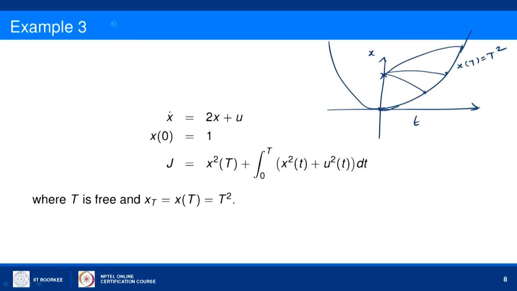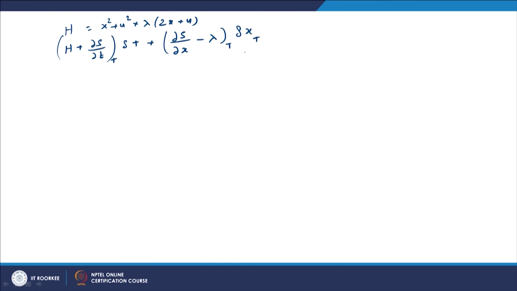So, here also the h function is x square plus u square, that is one thing, plus lambda times (2x plus u), and the boundary conditions are h plus del s by del t at capital T into del t, plus del s by del x minus lambda evaluated at T, times the variation of the final position x suffix t.